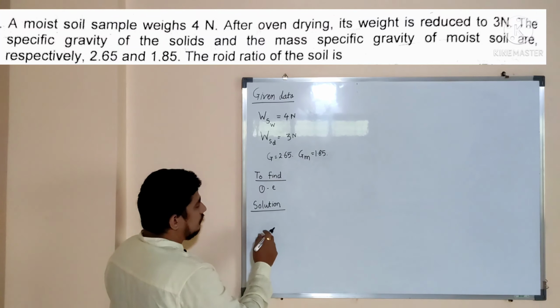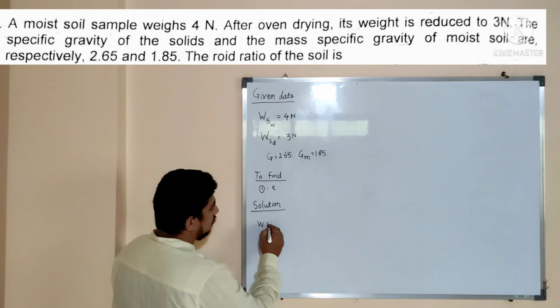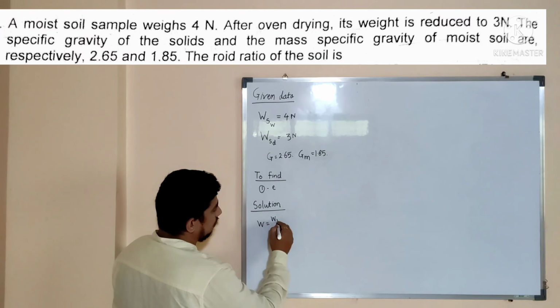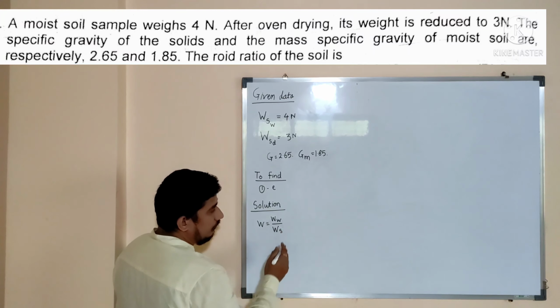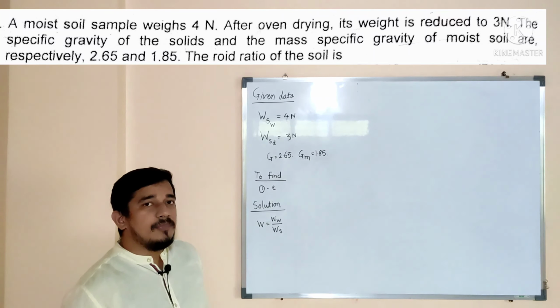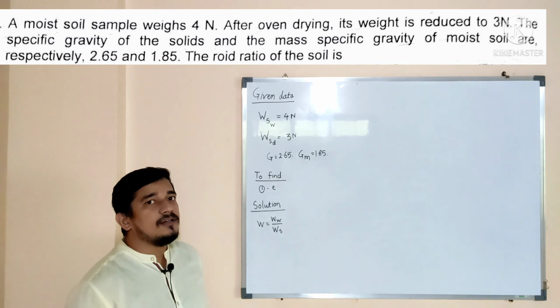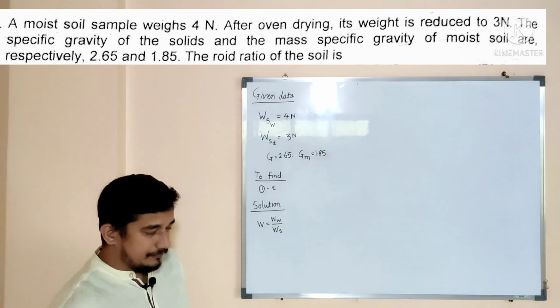Okay, so w is nothing but the weight of water divided by weight of solids. So water content can be expressed in terms of mass and it can be expressed in terms of weight.